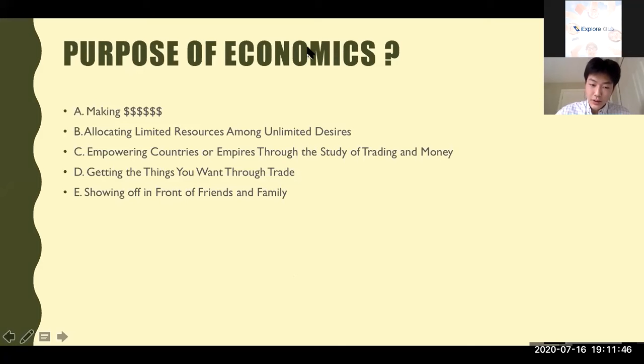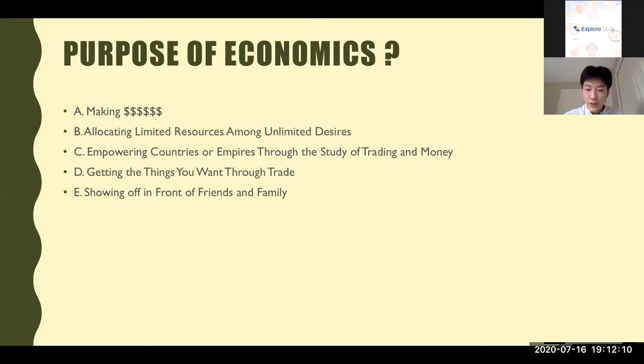So the most answers are options C and D. C is empowering countries or empires through the study of trading and money, which sounds correct. And D is getting the things you want through trade. Yeah, both of them really emphasize trade, but you know, economics is more than just trade.